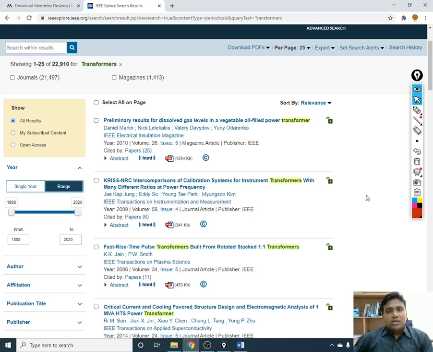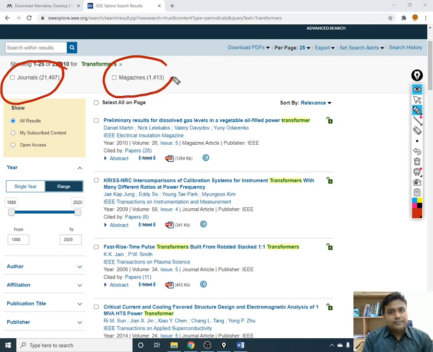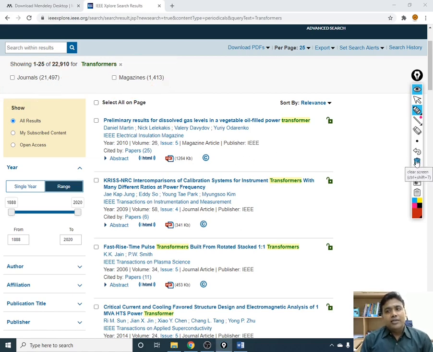After selecting journals and magazines, you can see that you have got a lot of journals and magazines. Among them you can choose the best paper which suits your objective.